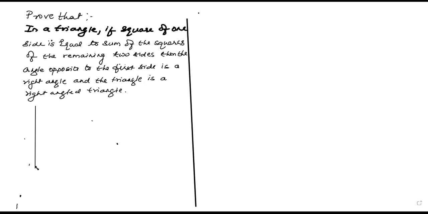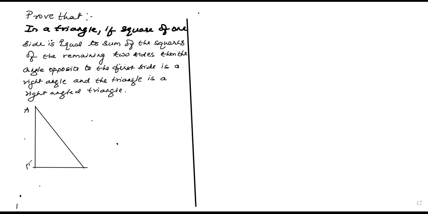I'm going to draw it like a right angle triangle. Only thing, I'll not mark the 90-degree angle, because ultimately I want to prove it's a right angle triangle. So it should look somewhat like a right angle triangle, but I don't mark the 90-degree angle.